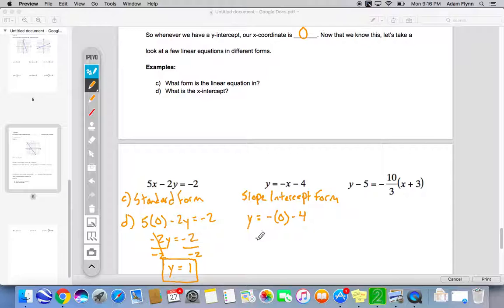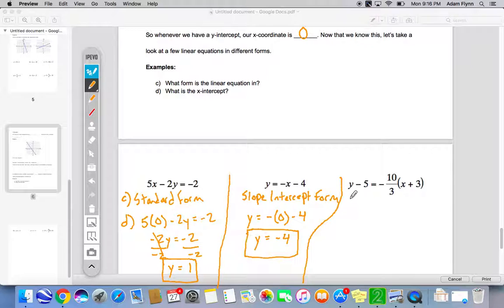If I simplify that, negative 1 times 0 is just 0, so I'm left with negative 4. So I know this slope-intercept form equation crosses the y-axis at y equals negative 4. That is my y-intercept.